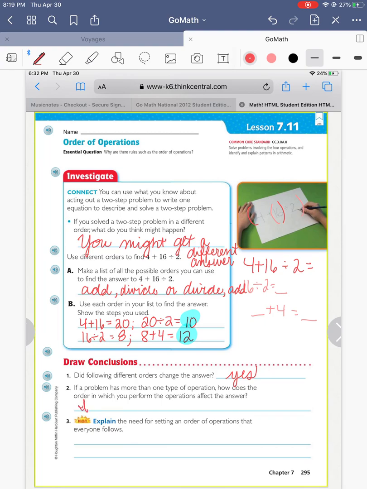So, depending on the directions, it changes the answer. If you follow a different order, it changes the answer.